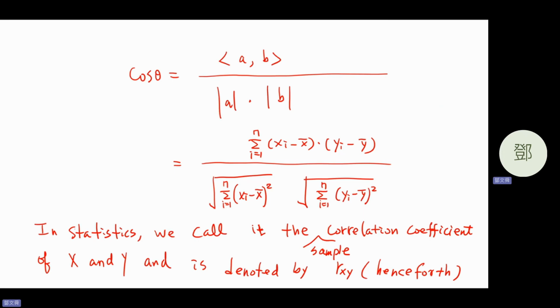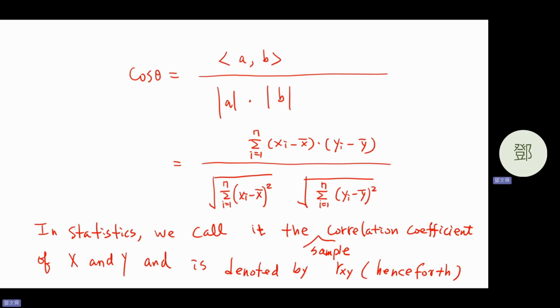It is the square root of A1 squared plus A2 squared plus all the way to An squared. Okay? So this is the length, or the norm, of A, and this is the norm of B.